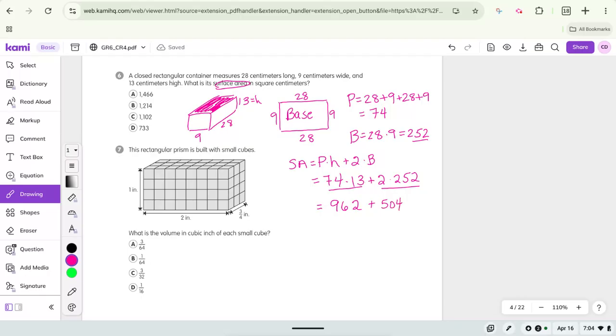And this sum totals 1,466. It is the surface area of this rectangular prism, and that's exactly what I was trying to find. So that's answer choice A.